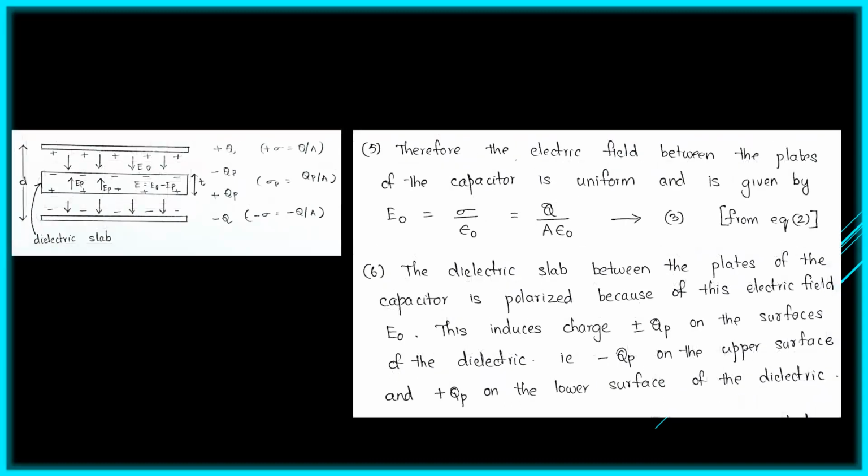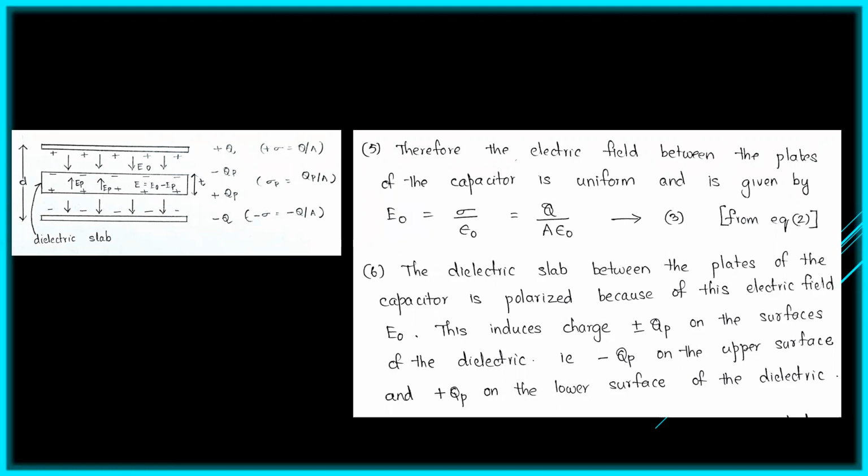Now, let us take the electric field between the plates of the capacitor. We know that because the charge is uniformly distributed on the plates of the capacitor, the electric field between the plates is also uniform.